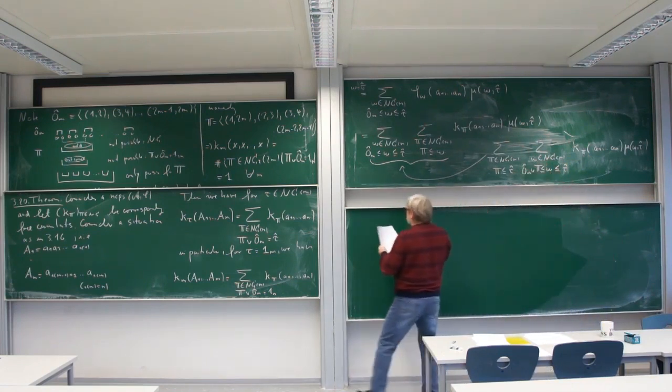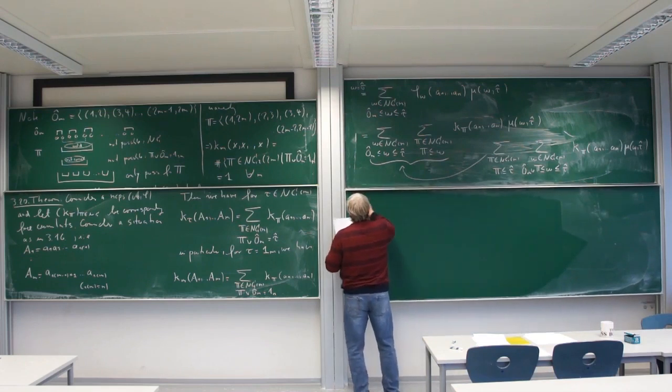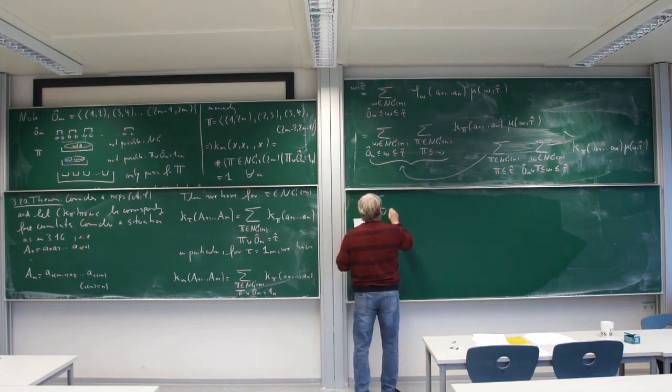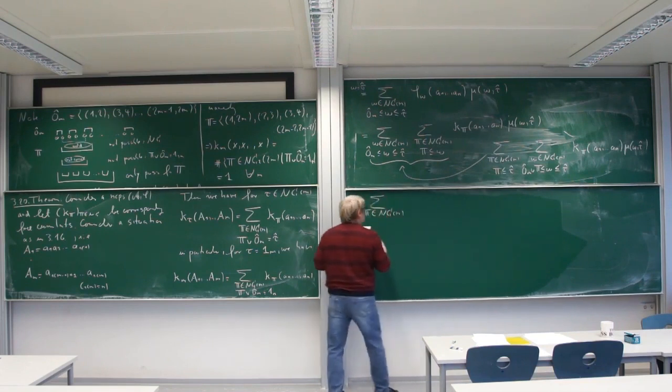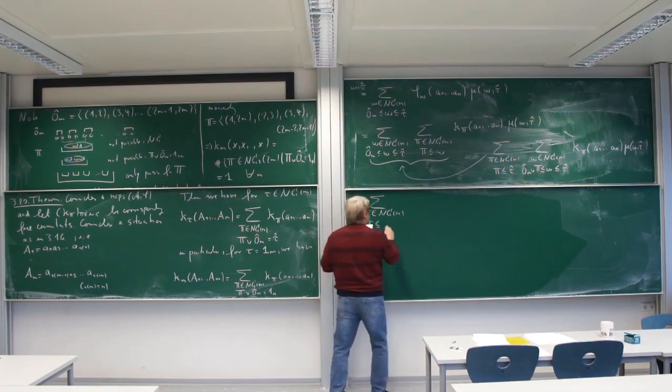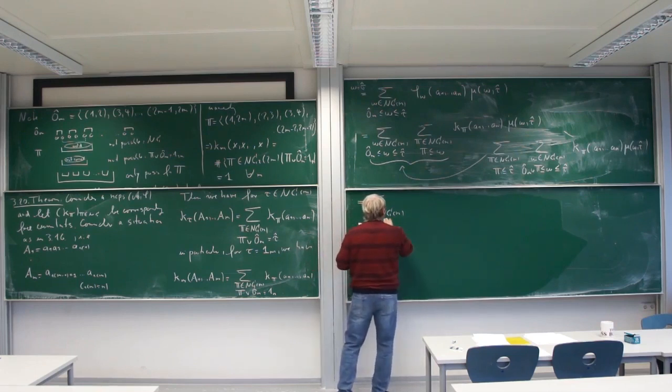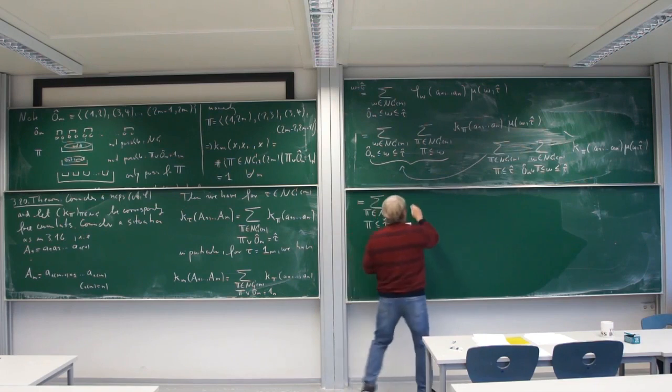So again, we have those two sums. The sum over pi in NC of n, when pi is less or equal tau hat, and then I get kappa pi of the little a's.